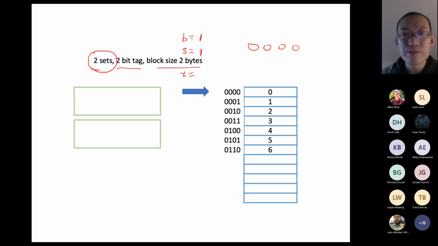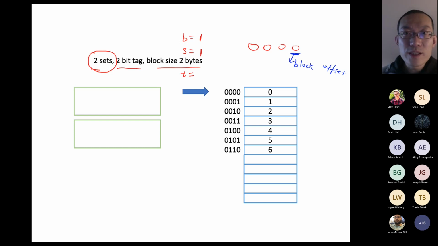If we know these two pieces of information, then we can go through the address from the right side to the left. The first bit is the block offset. This is the first bit.